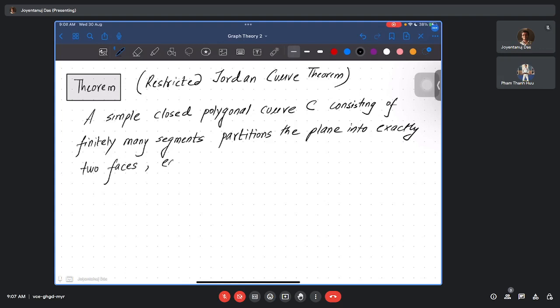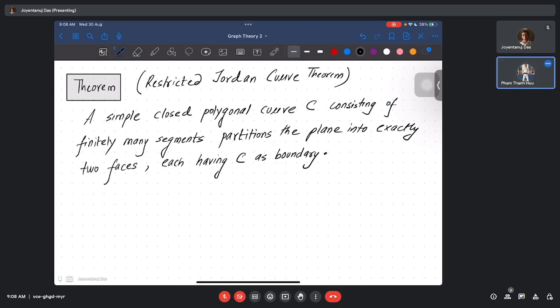Each having C as boundary. Okay. Mm. Single curve. Mm. This one partition.